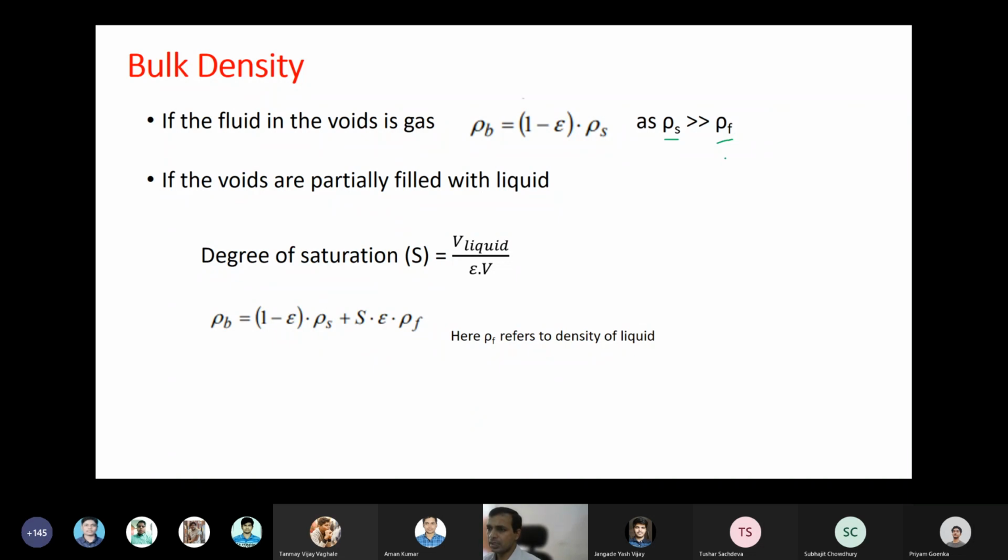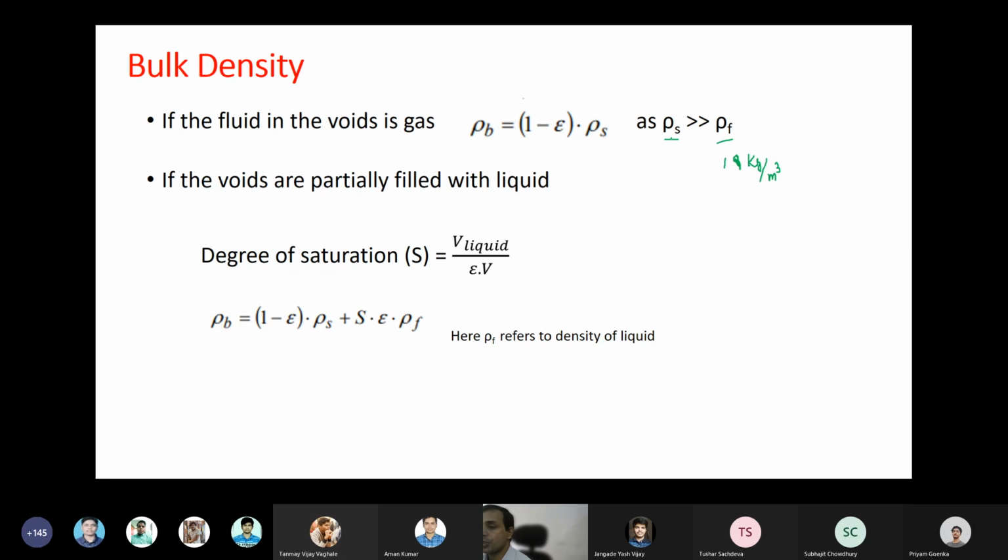For example, air density is 1 kg per meter cube. This is the typical range. Water density is 1000 kg per meter cube, whereas solid density will be much higher than 1000.